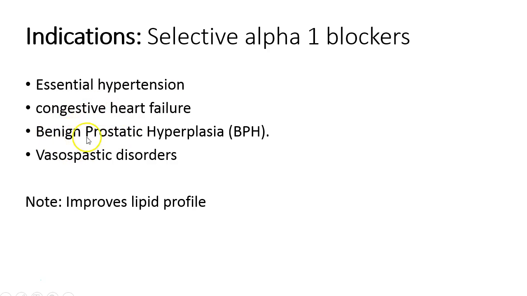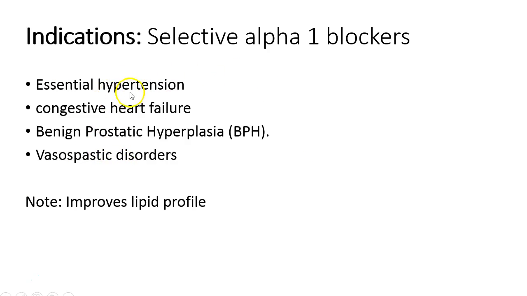It is one of the initial drugs used in the treatment of benign prostatic hyperplasia, where it can block alpha-1 receptors in the prostate and relieve urinary obstructive symptoms like urgency, hesitancy. And it can also be used for vasospastic disorders like Raynaud's phenomenon, where it can dilate these blood vessels.